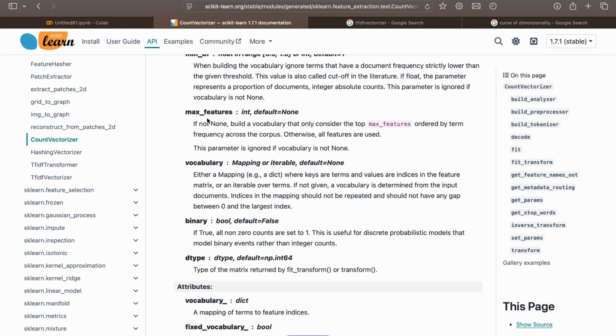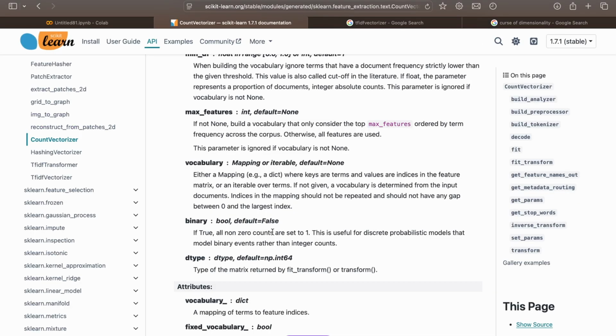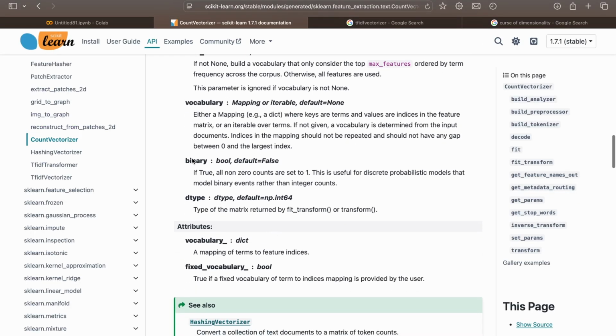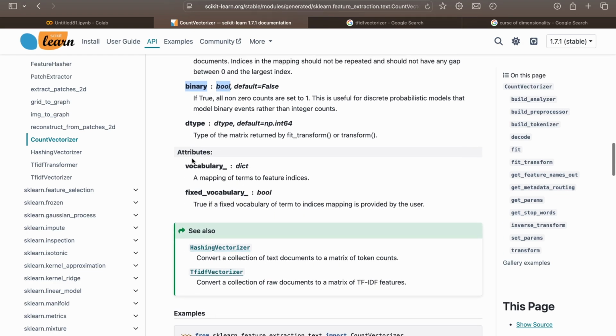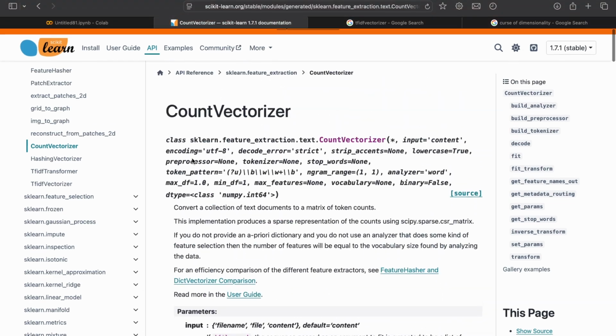Then the model will not create any vocabulary. It will use the given vocabulary, and based on it the vector representation will be created. The binary parameter we have already seen. So these are the various parameters we have in the count vectorizer.